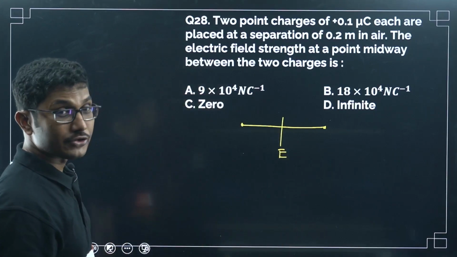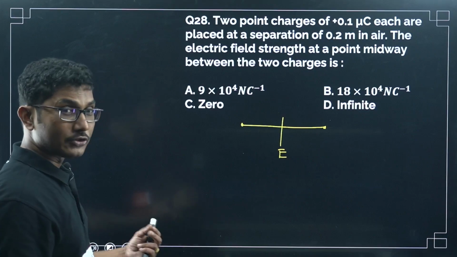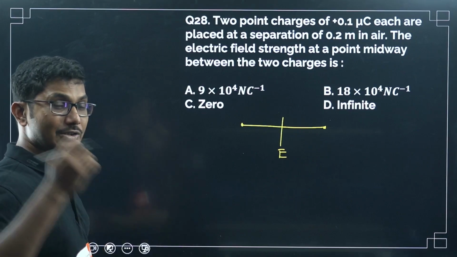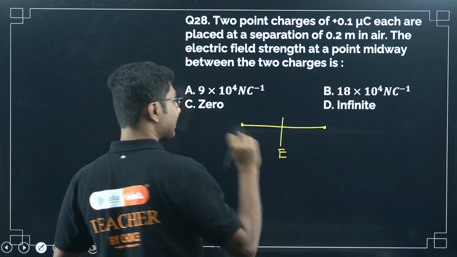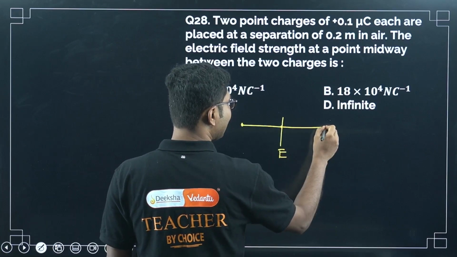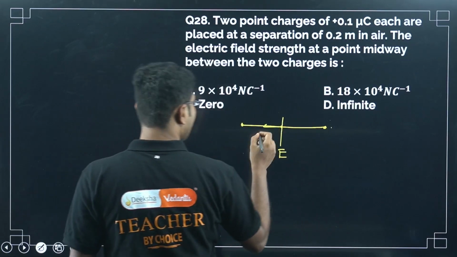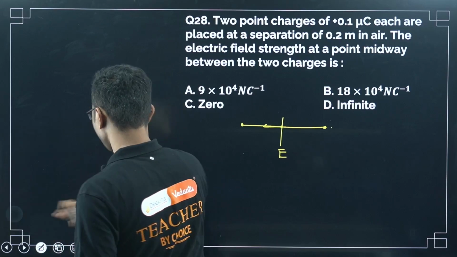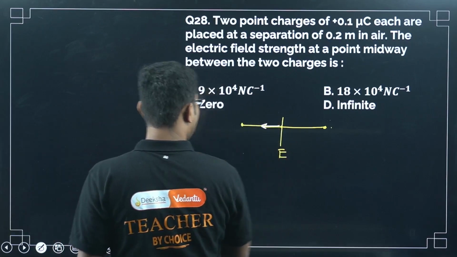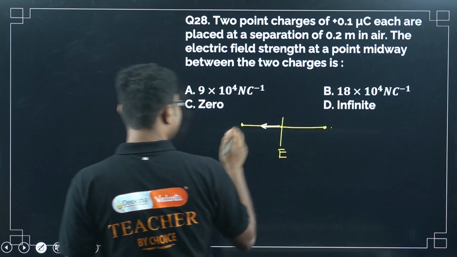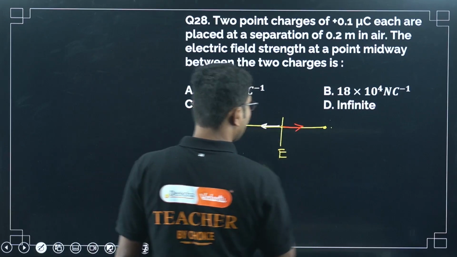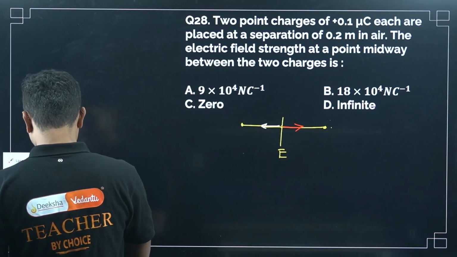Now both of them are positive, and they have asked you to find the electric field at the midpoint. So at the midpoint, electric field due to this charge will be in this direction, and electric field due to this charge will be in this direction. So both of them will cancel each other.